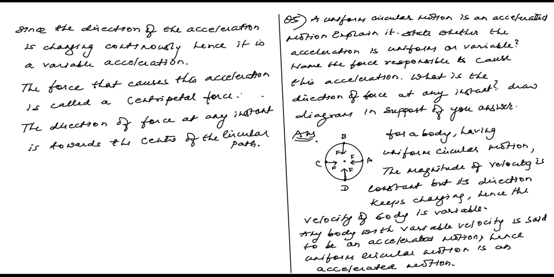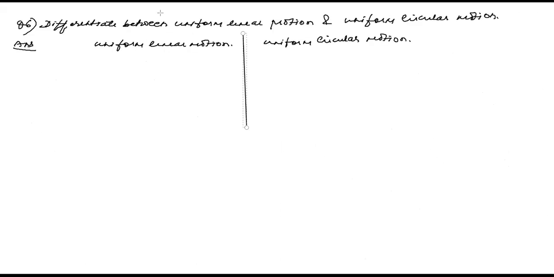Question number 6. Differentiate between uniform linear motion and uniform circular motion. In uniform linear motion, the speed and velocity are uniform.